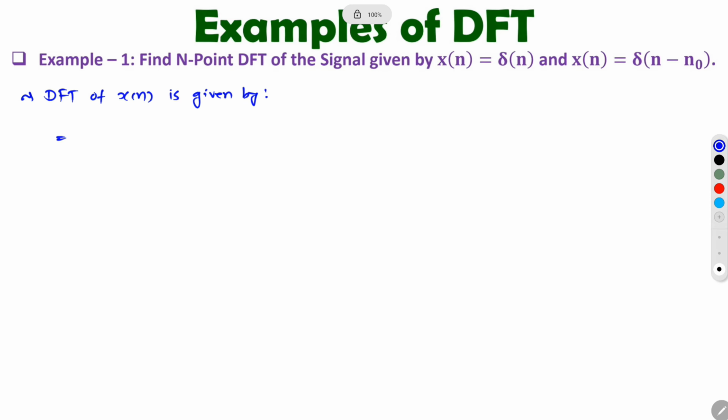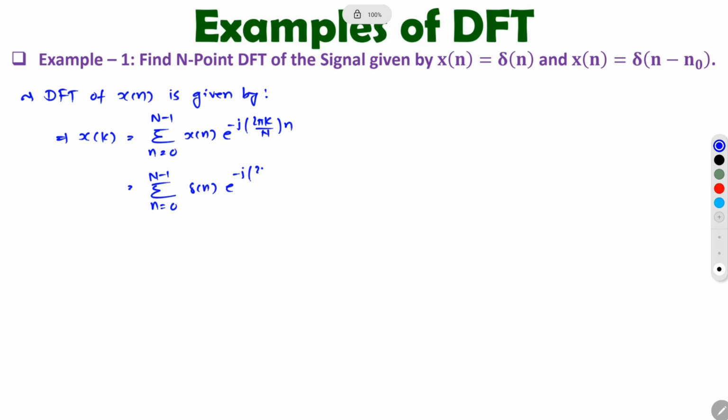DFT of x of n is given by X of k, and that is the summation where small n ranges from 0 to capital N minus 1, x of n into e to the power minus j 2 pi k by capital N into small n. Here this x of n is equal to delta of n. So let me substitute that over here.